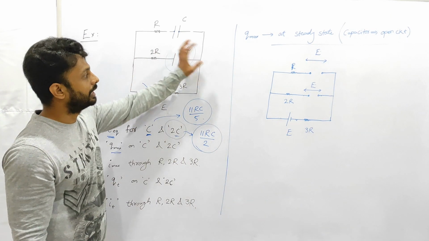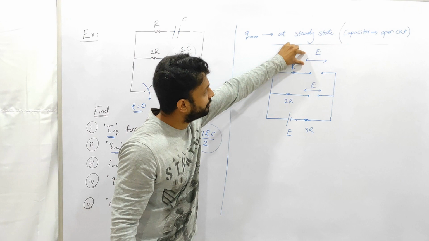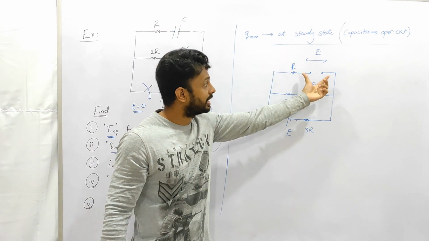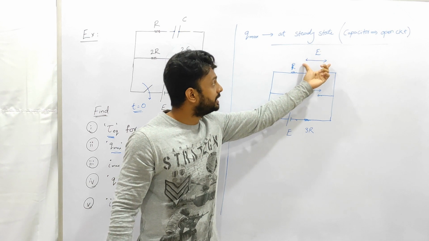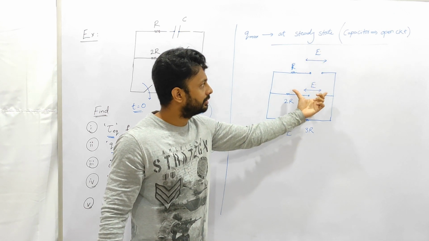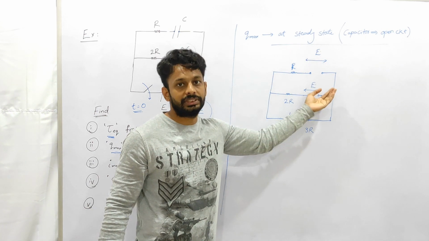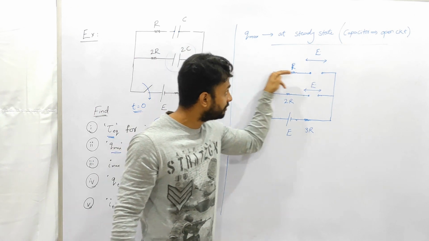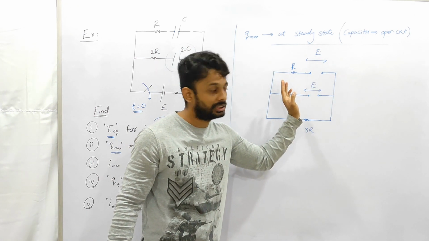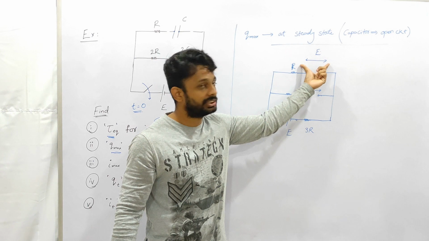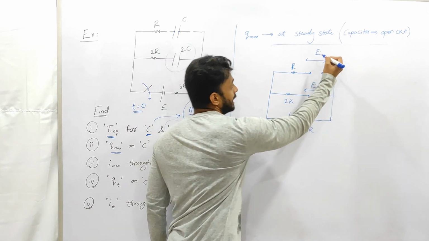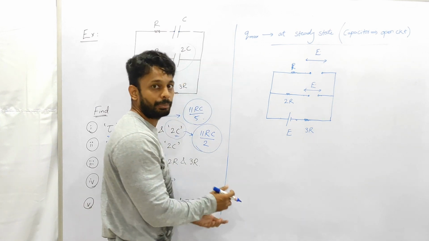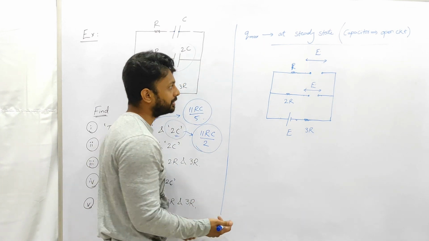Now we find the potential difference across the required capacitors in steady state, where no further charging takes place and no current flows through that branch of the capacitor. In that situation, find the maximum potential difference, and that maximum potential difference times the respective capacity will give you the maximum charge.